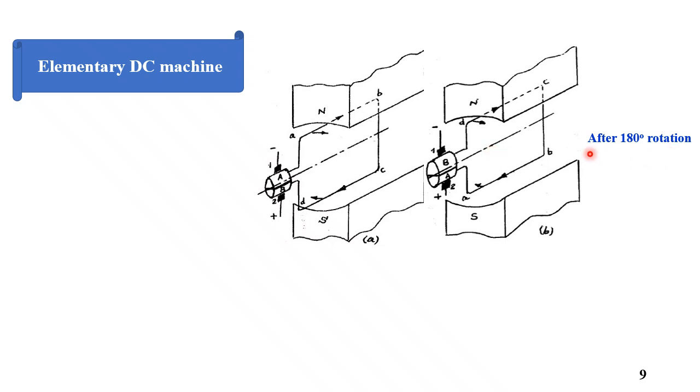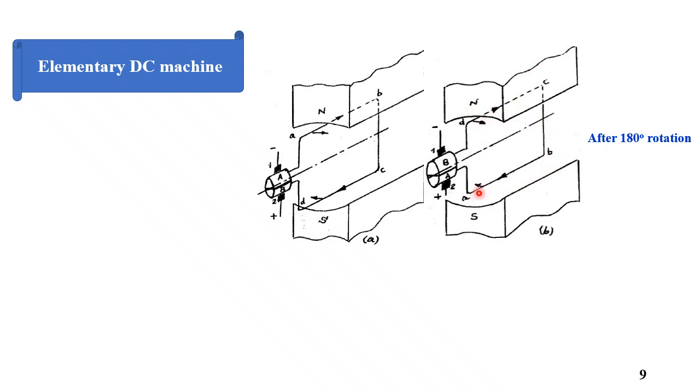After 180 degree rotation, the conductor CD will be in the position of AB from the first figure, and then the current will be in the direction into the page, and the velocity will be to the right side.